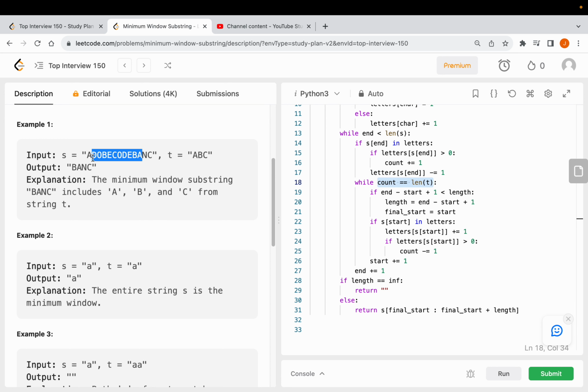And the next round we have B, C, B, A. So A is in letters. A has frequency 1 because last time when we removed it, we added it back in its frequency. So now it has frequency 1 again. Count is now 3 from 2.